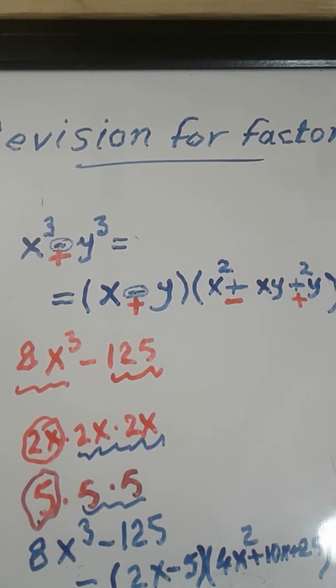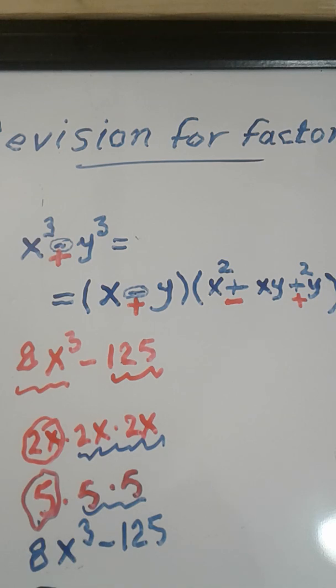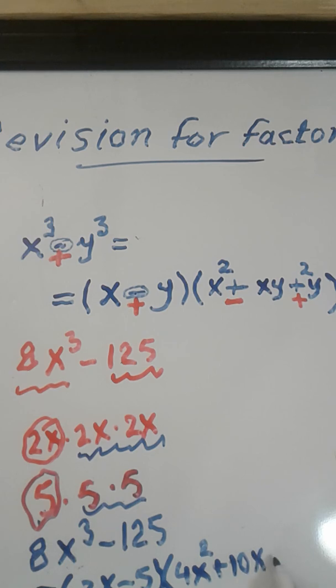It's 2x minus 5 times 4x squared plus 10x plus 25.